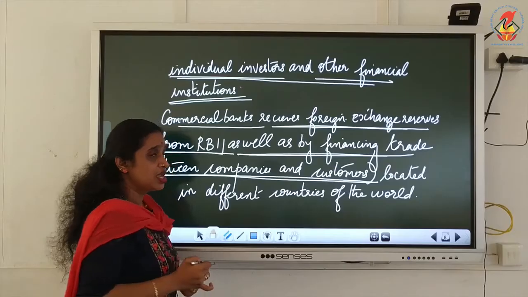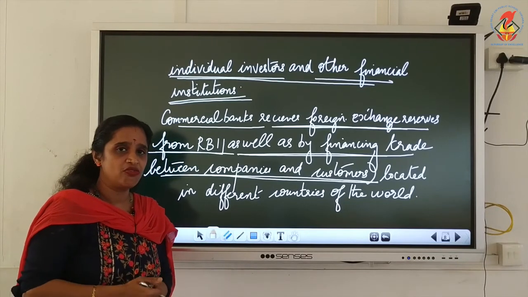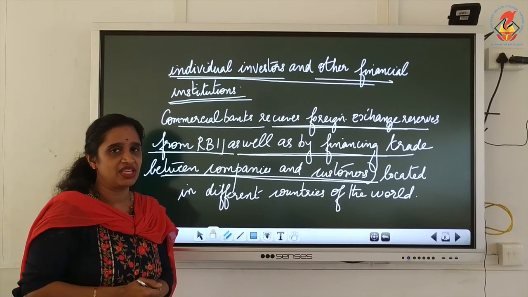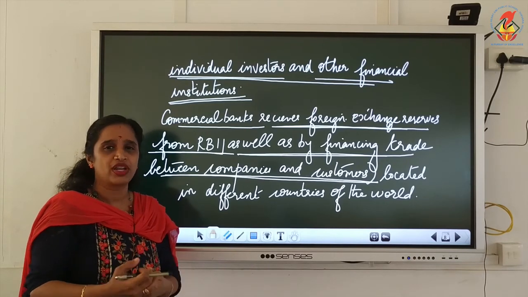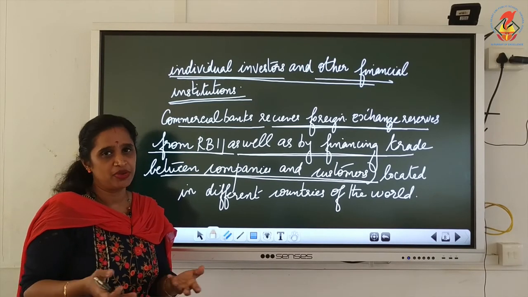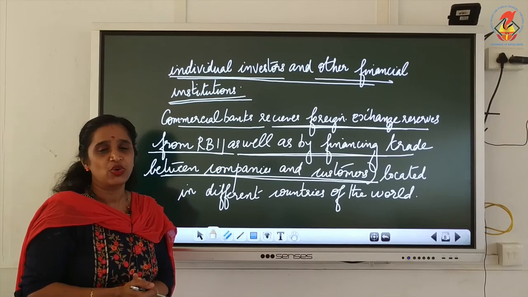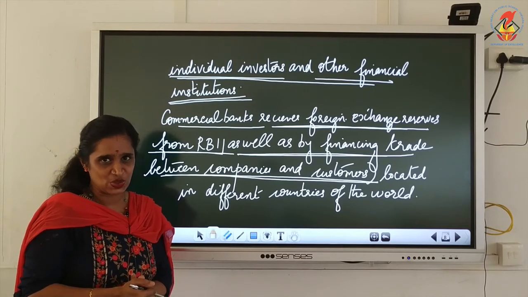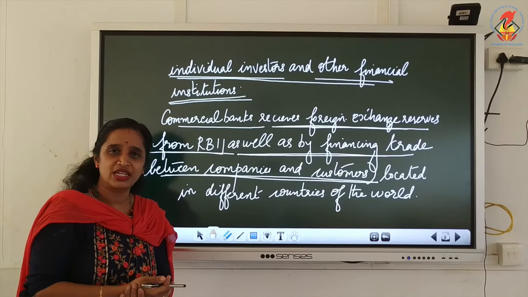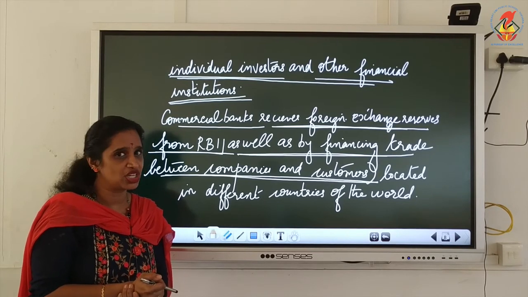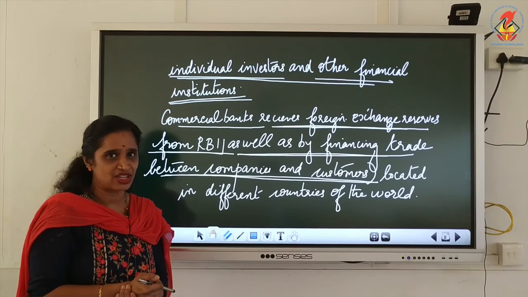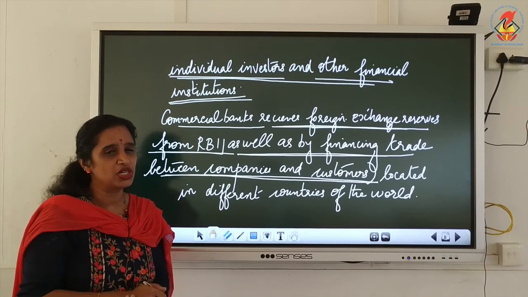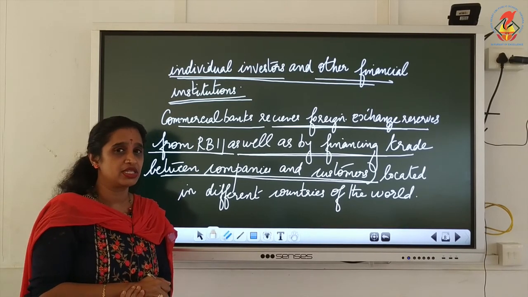Because commercial banks are directly involved in transactions with the RBI. Commercial banks will meet only RBI, the lender of last resort. All kinds of transactions take place between the commercial banks and RBI, and in that the foreign exchange reserves will be transacted.